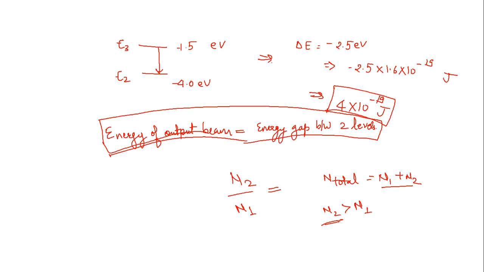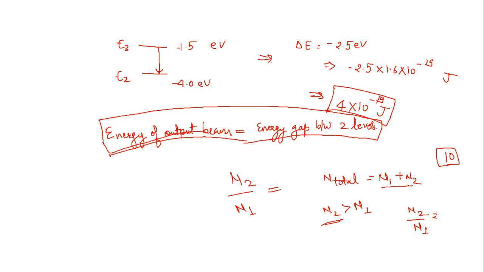So if you consider the value of N2 upon N1, the higher to lower energy state, suppose I take the total to be 10, because it will be easier to consider.